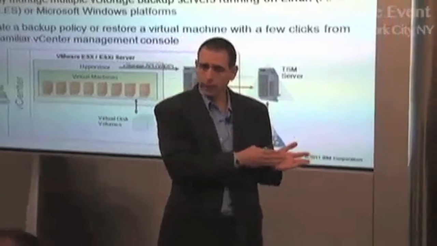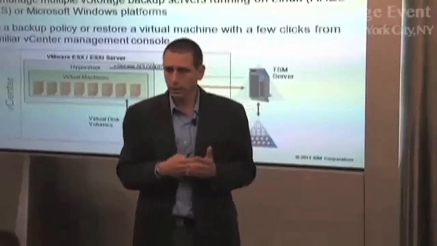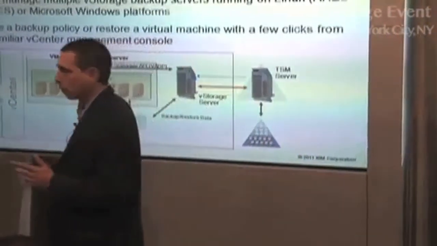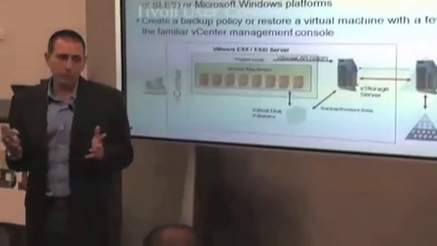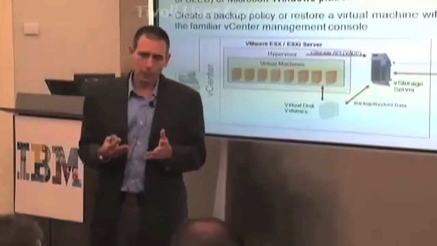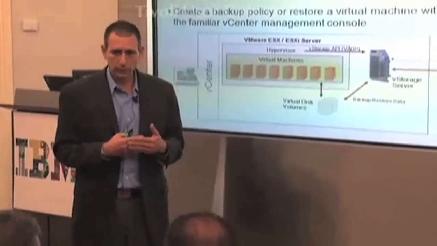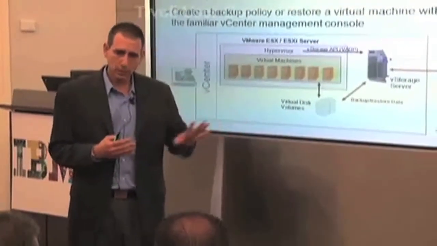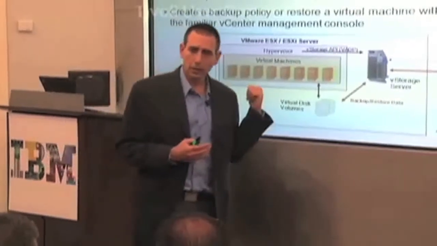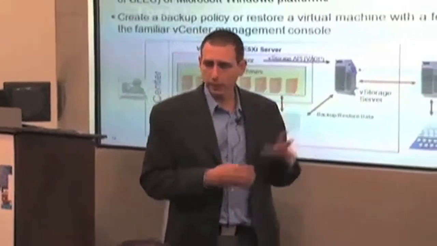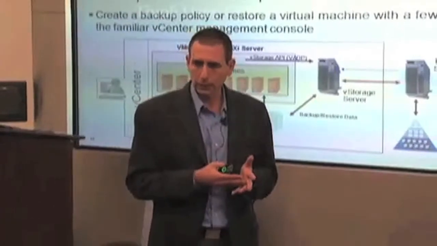With 6.3, it can run either on Windows or Linux. Now, all those data protection methodologies, vStorage API, etc., are not applicable to Z Linux. That's a different hypervisor, and that can be protected by TSM as well, but not by TSM for VE. That's a standard backup archive.